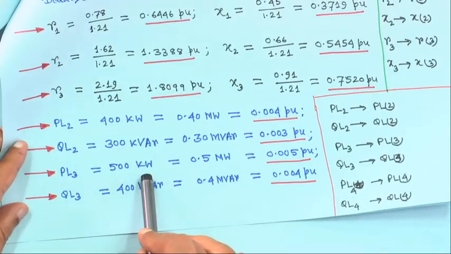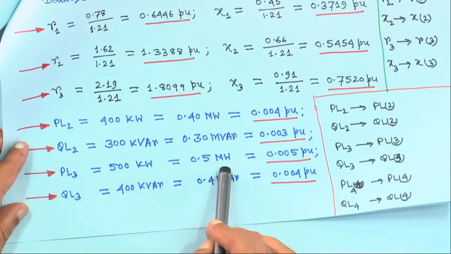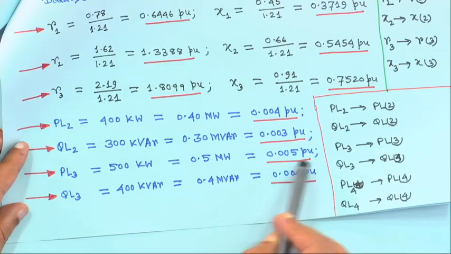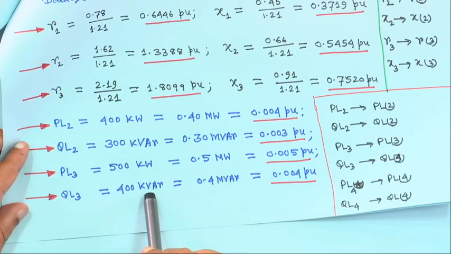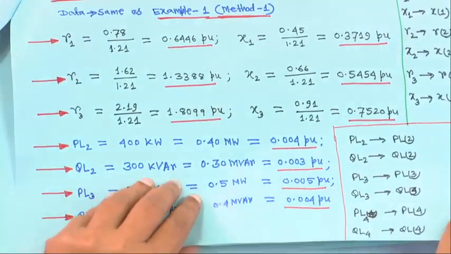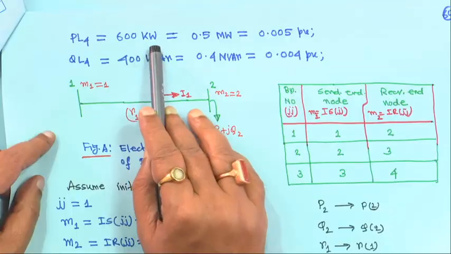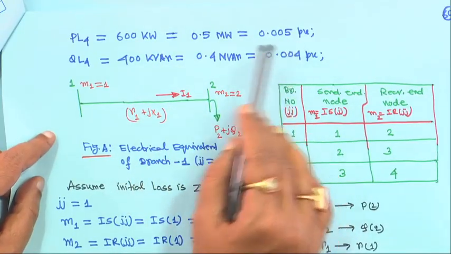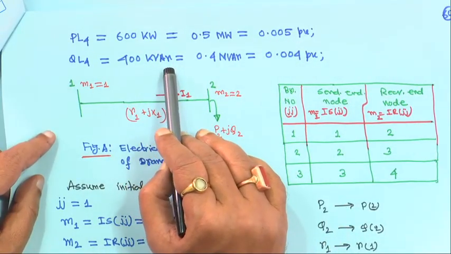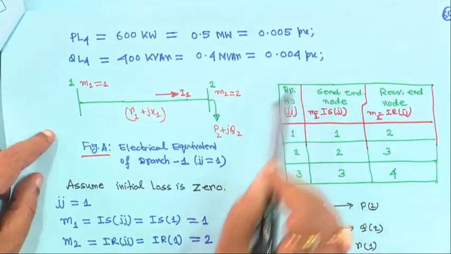PL3 is 500 kilowatt, that is 0.005 per unit, and QL3 is 400 kilowatt, so 0.004 per unit. PL4 is 600 kilowatt, 0.005 per unit, and QL4 is 400 kilowatt, 0.004 per unit.